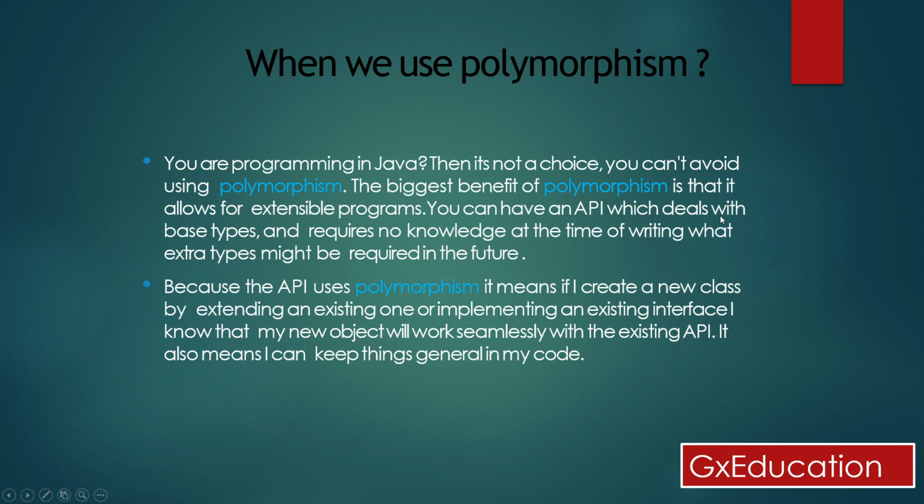You can have an API which deals with the base type. All these statements you can read and understand when we use polymorphism. Simply put, the biggest benefit of polymorphism is that it allows for extensible programs. For extensible programs we use polymorphism.